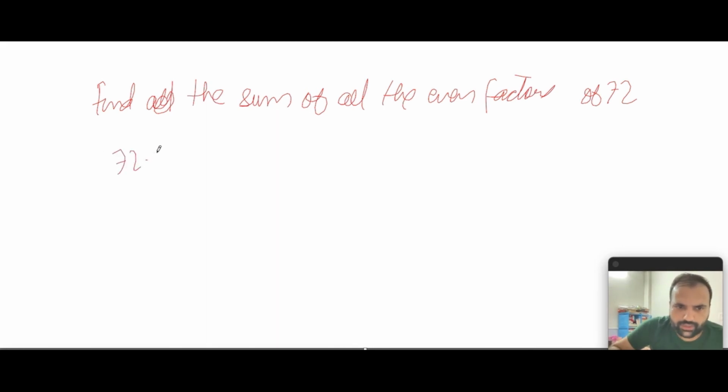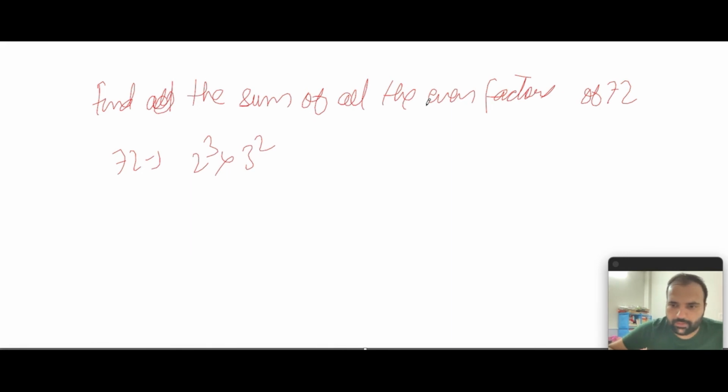So again, 72 can be written as 2 cubed into 3 squared. What we are trying to do over here is find the sum of all the numbers which are even factors of 72, only the even factors. That's not at all difficult.